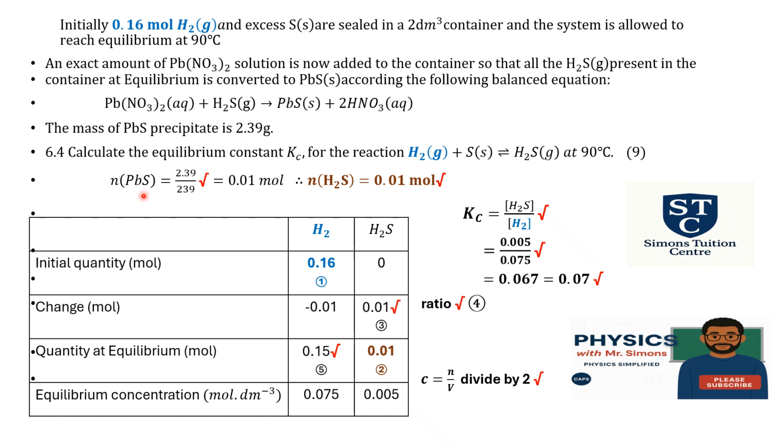My moles of PbS, remember moles equal mass over molar mass. So my mass there is 2,39 grams. The molar mass of PbS adds up to 239. Sulfur being 32, and about 207 for lead. Plus 32 gives me 239. If we divide that, I have 0,01 mole of PbS.